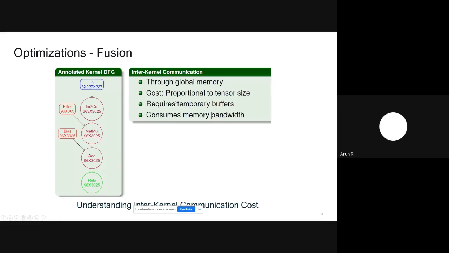Also, we need a lot of memory bandwidth to store these intermediate results and load them back.